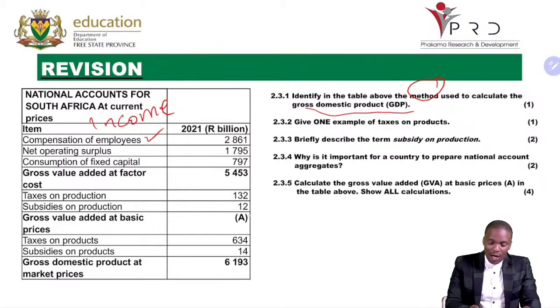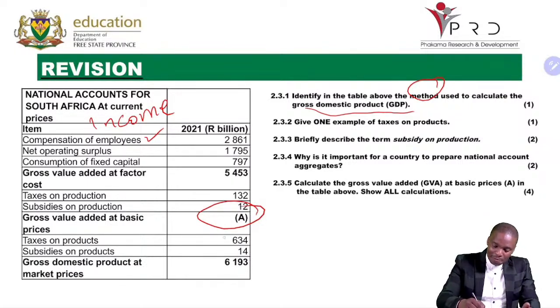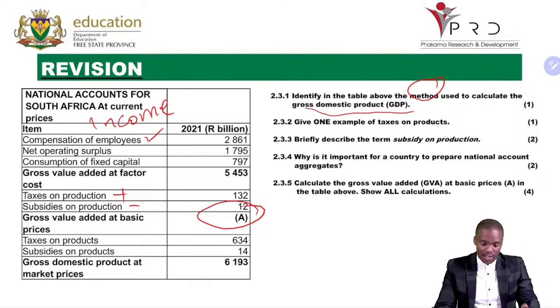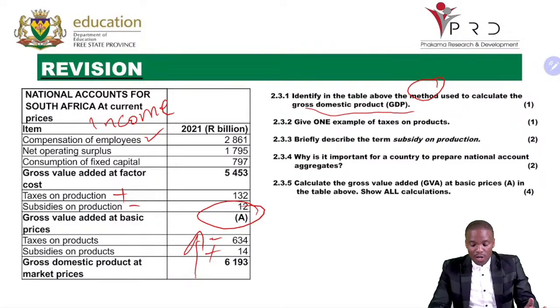Then later on, down there, you see that there's the value of A. So complete that A, where you know that taxes are added and subsidies are subtracted. Or you can do what you call a bottom-up method, where you add subsidies and minus taxes. Then you get 4 marks.